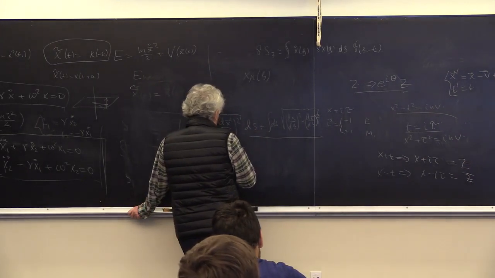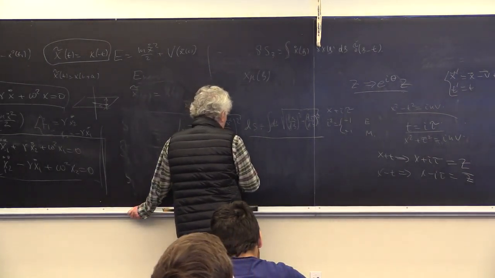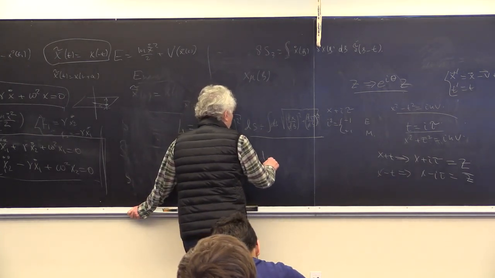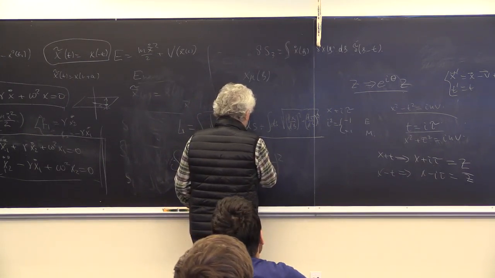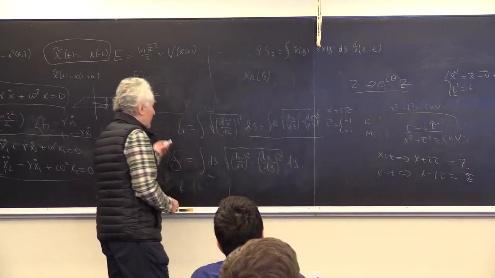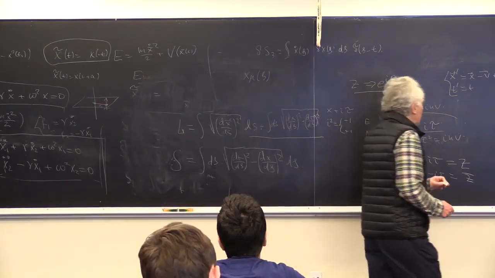It's convenient, since there is some constant in front anyway, so I shall write it down this way: minus (dx/ds) squared, integral over ds. And that's precisely it, it will be Lorentz invariant.